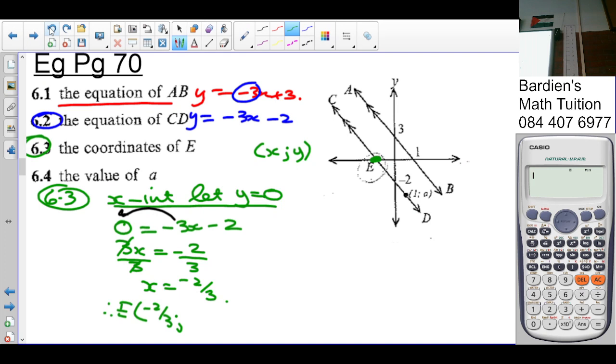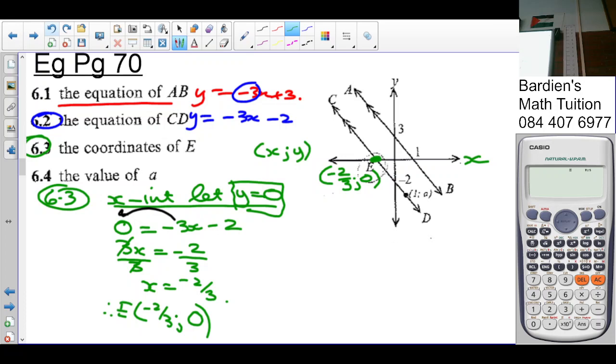People, anywhere on your x-axis y is 0. Anywhere on your y-axis x is 0. And there it's also confirmed. So what is your y value? 0. So this point E is negative 2 over 3 and 0. You understand?